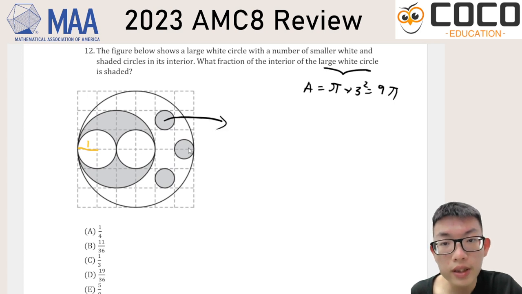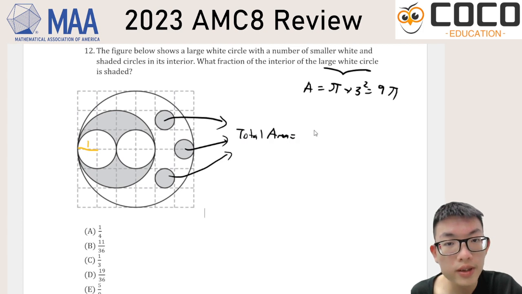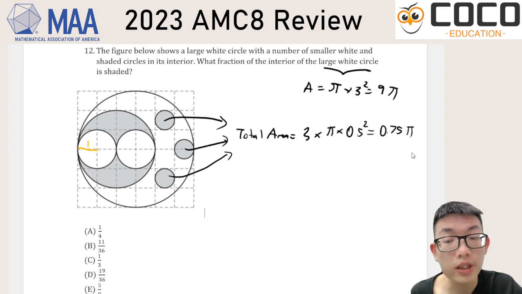Now, each of these would be pi times 0.5 or half squared. So it's 3/4 pi.